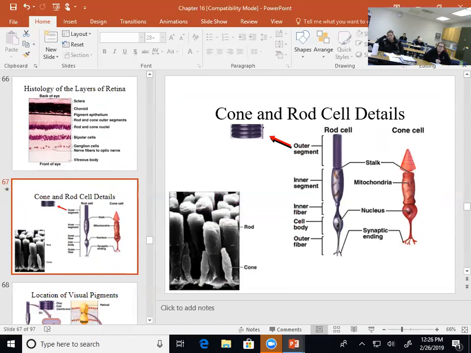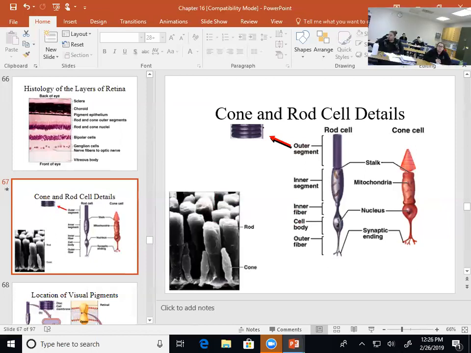The rods. And with the pigment that starts with the decreased light situation, you're going to be able to make out shapes, aren't you? You might run into some things, but you would be able to get through, right? But in bright light situations, the cones are the ones that are helping us with color.